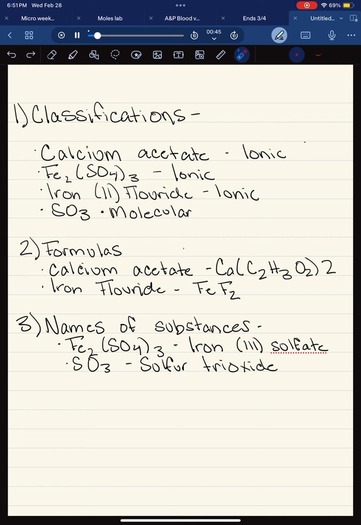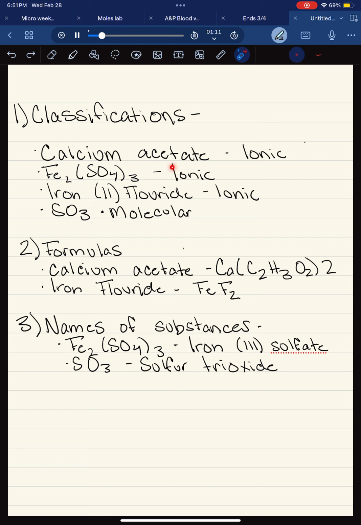And then we have our iron sulfate here. So that is going to be an ionic compound as well. The iron 3 sulfate consists of the iron ions and the sulfate ions. Both are charged, and it is ionic bonds holding this compound together.